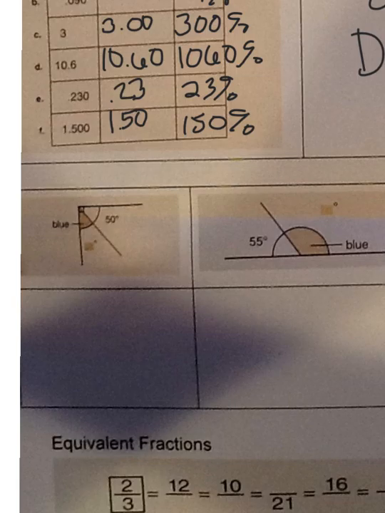So the whole angle is 90 degrees, and this part is 50 degrees. 90 minus 50 is 40 degrees. So this angle right here would be 40 degrees. And we can check our work because we know that 40 degrees plus 50 degrees would equal 90 degrees.